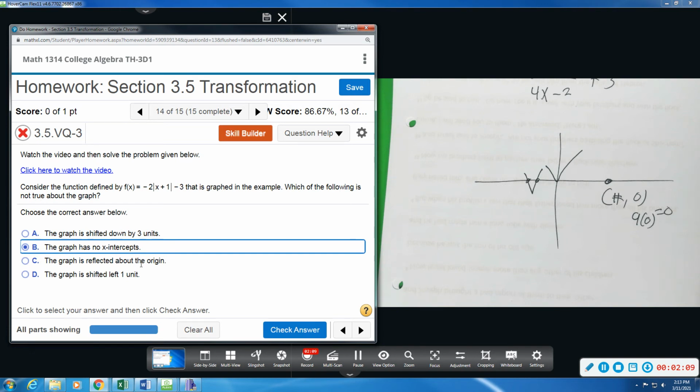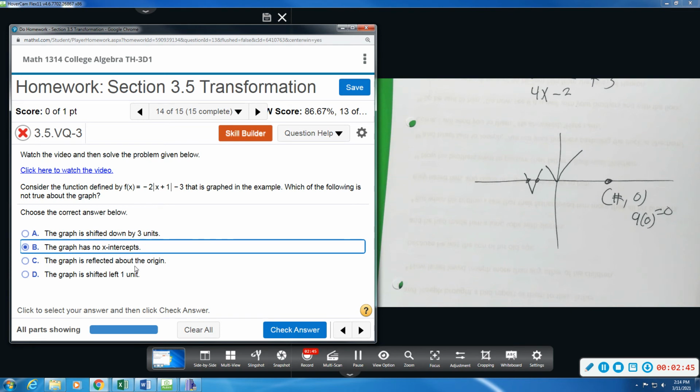C says the graph is reflected about the origin. Oh, wait a minute. We might, this is true. I forgot about this. So this graph actually, this is a reflection about the x-axis, yes.